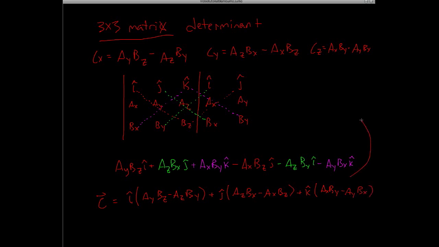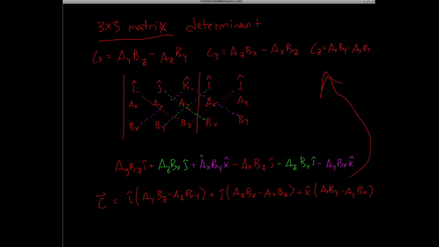So, just like up here, but we used a matrix to figure out our components. Instead of having this memorized, we used a matrix. We could plug in our components and figure out the components of C.